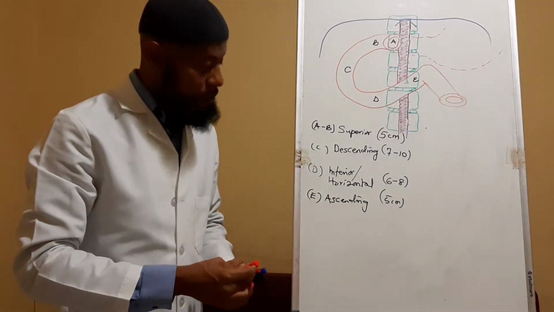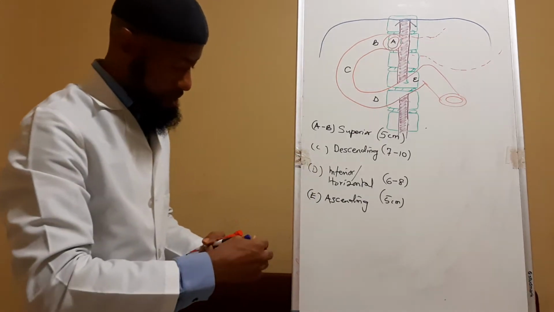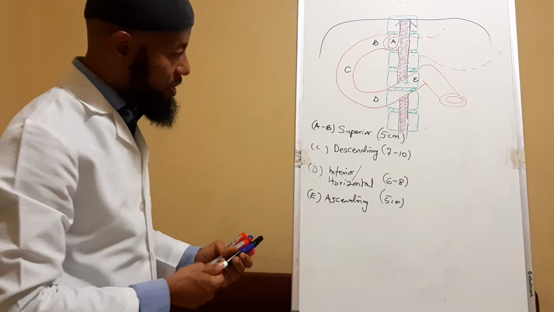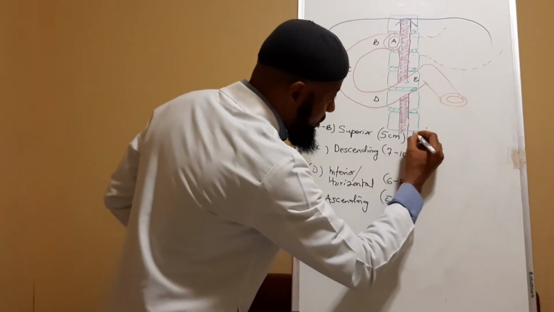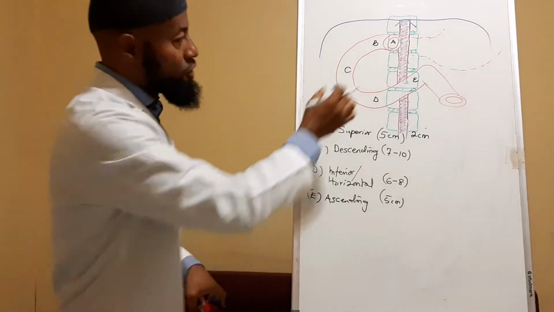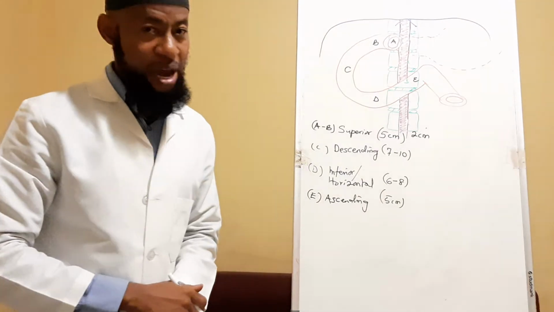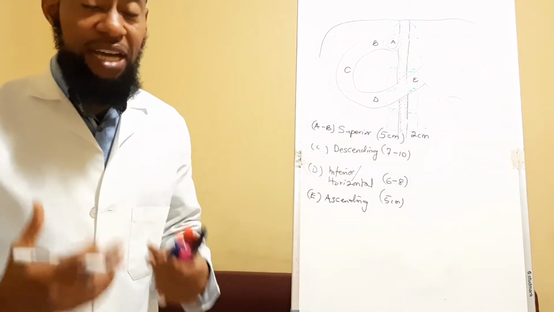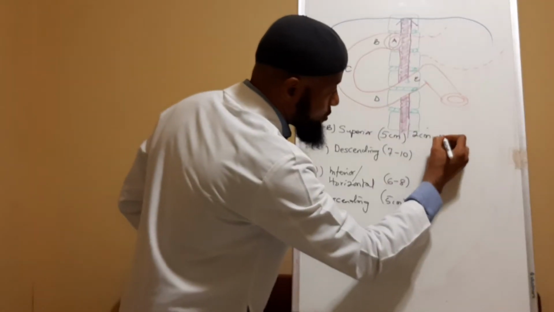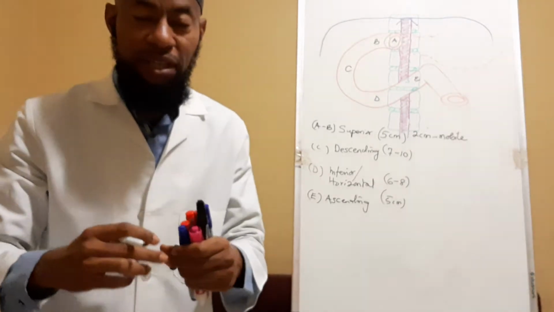Now, it's interesting to note that the first 2 centimeters of the superior part of the duodenum is very mobile, because it has mesentery.